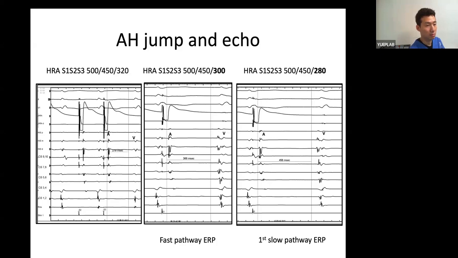You have to remember leftward extension, rightward extension are involved in any tachycardia. The only difference is where the insertion point is, the atrial exit of those pathways. So if you want to ablate the leftward, the easiest thing would be to do transseptal and then ablate the left side of the slow pathway. That would be easiest.